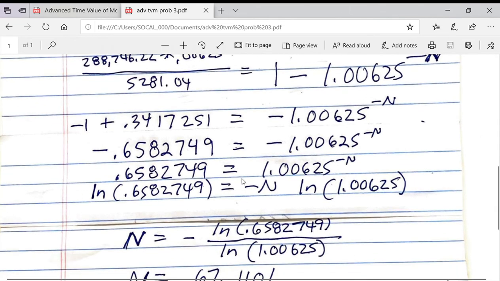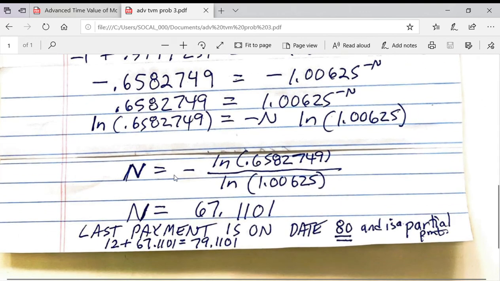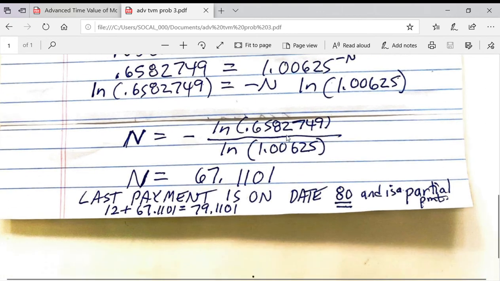And now, since the variable whose value we're solving for appears as an exponent, I'll use the log. So the natural log of the left-hand side equals minus n times the natural log of the base, 1.00625. And therefore n is equal to negative the natural log of 0.6582749 divided by the natural log of 1.00625. And when you do the calculation, you get n is equal to 67.1101.